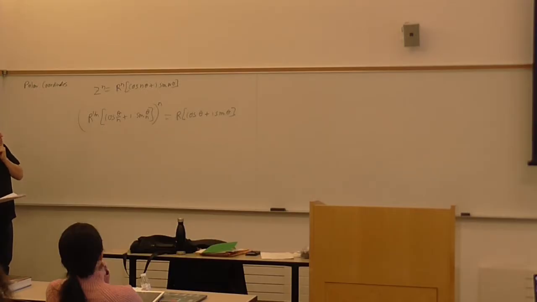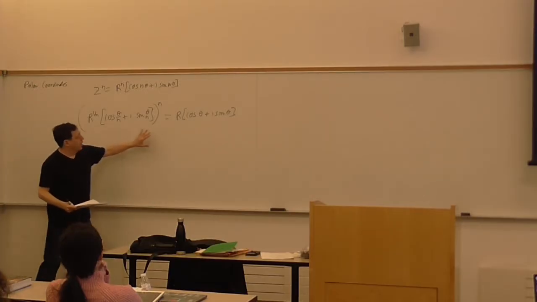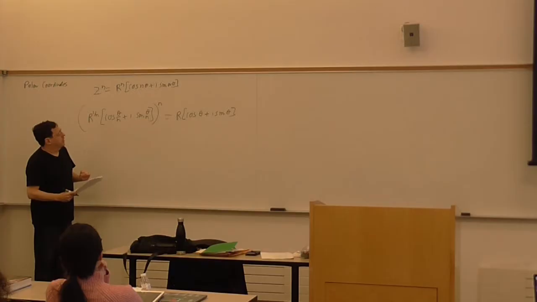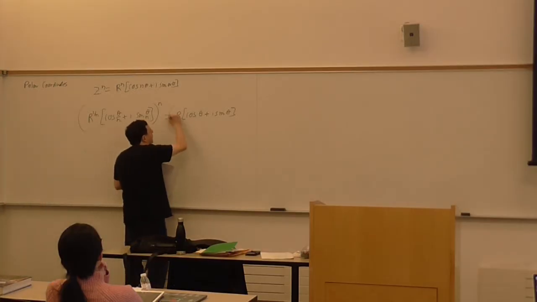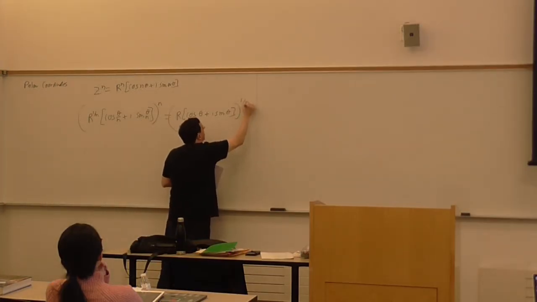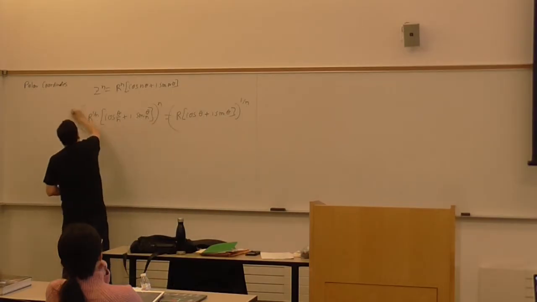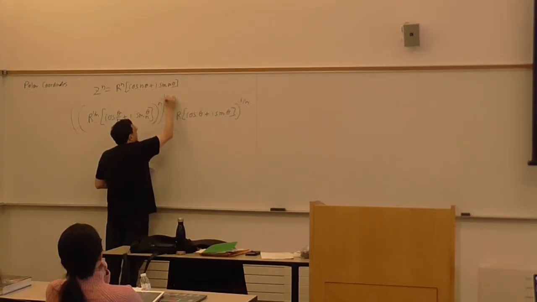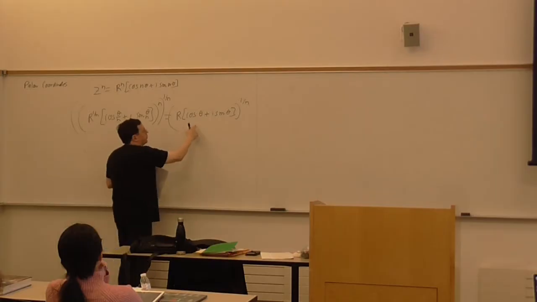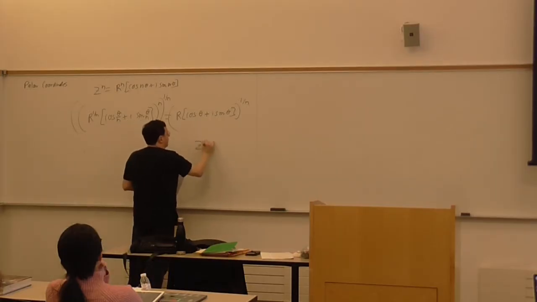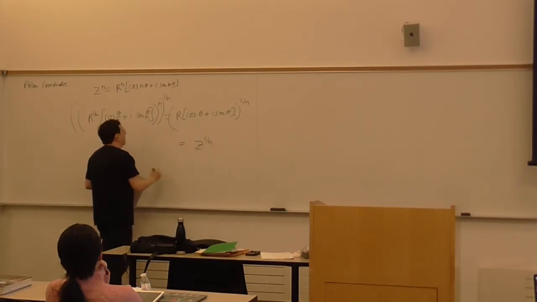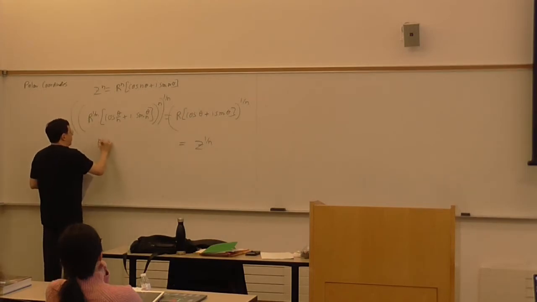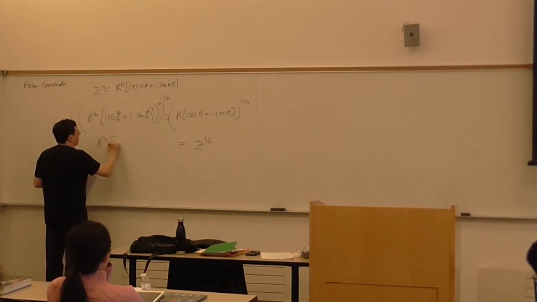But then, if I take the nth root of both sides, right, I raise each of these to the 1 over n. Well, this is z, so that tells me z to the 1 over n is just what I started with here.